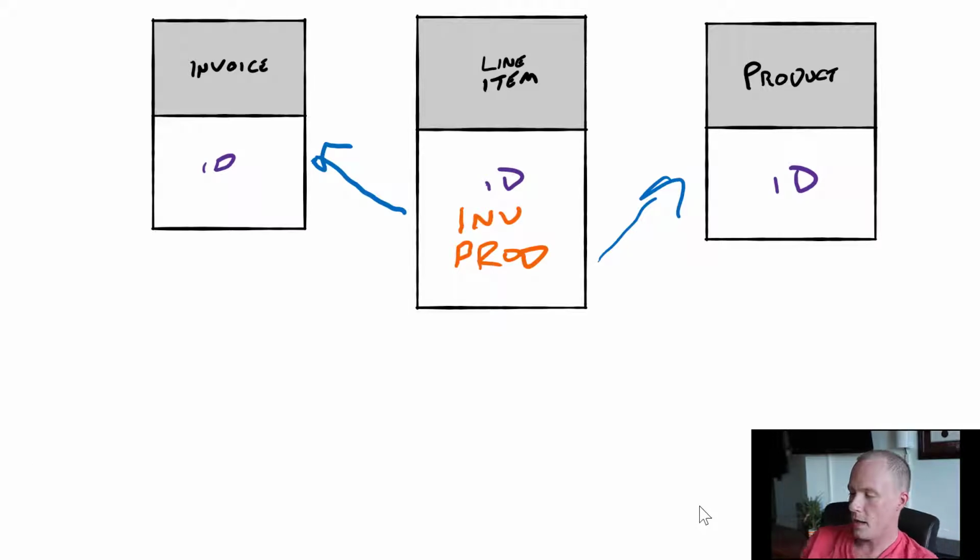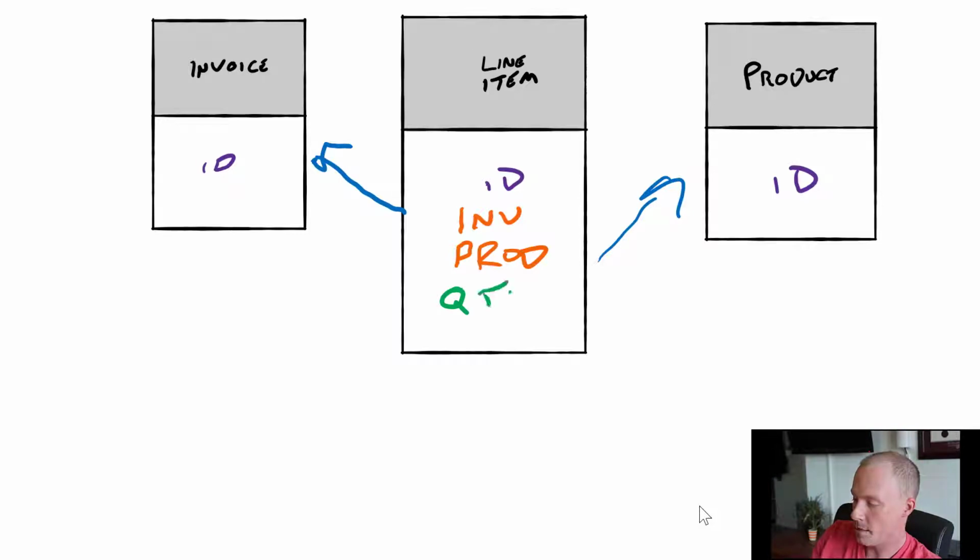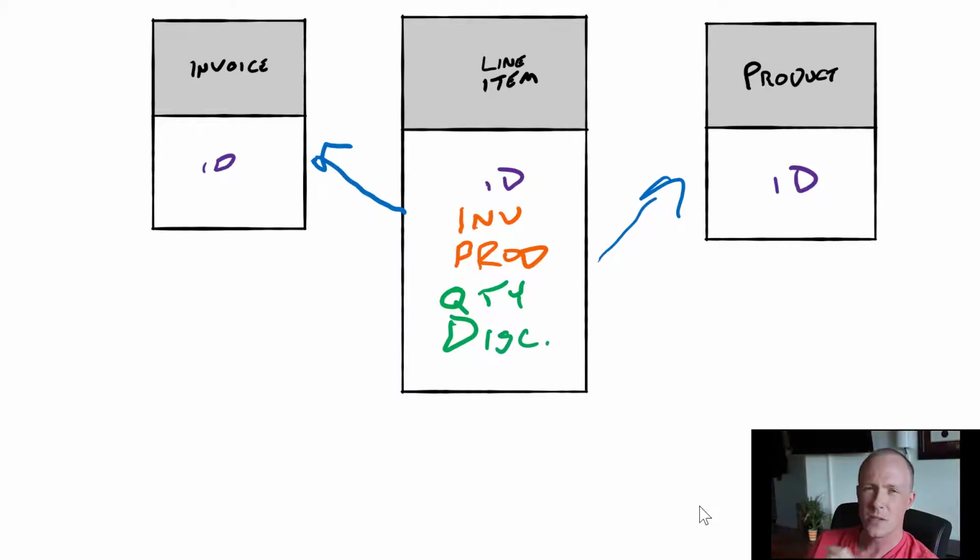Now, in the case of line items specifically, you might want to do other things like quantity and discount. As is often the case, the link between the two is not all the information we need. In some cases, let's say we have books and authors.